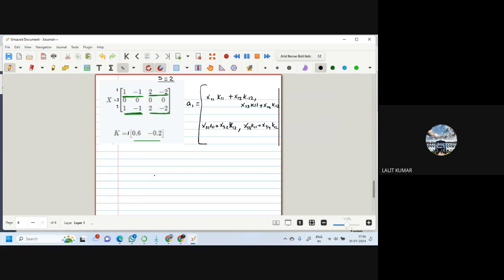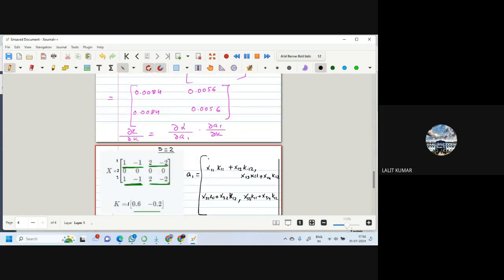So I have to find again in the calculation del A1 by del K. This is my last part, which I was interested in.